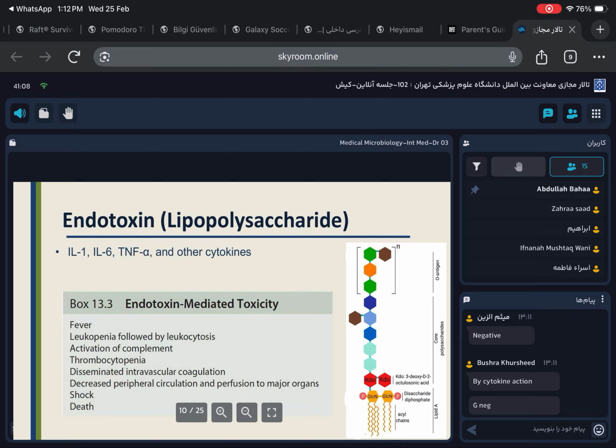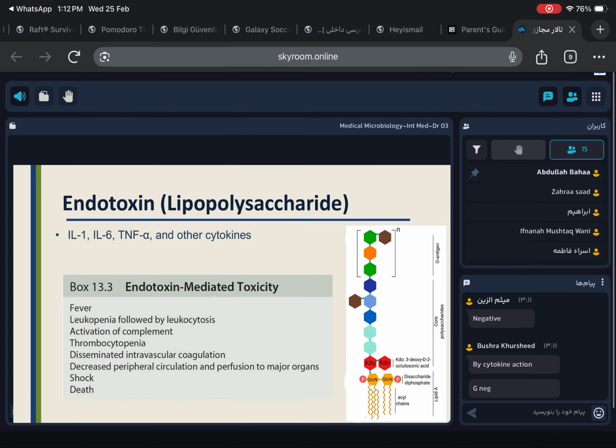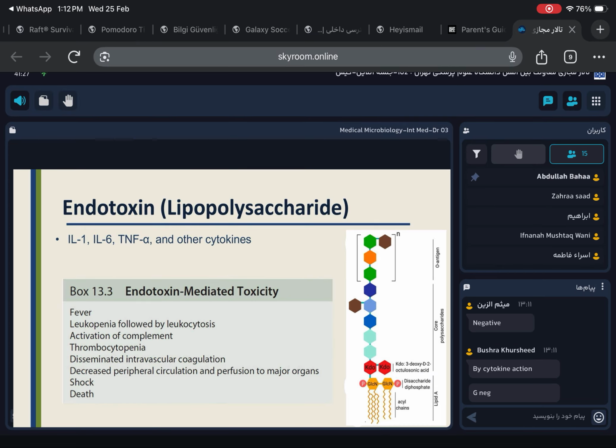Death is one of the outcomes of a high concentration of endotoxin in the body. Here again you can see the structure of endotoxin. As I told you, there are three parts of endotoxin: lipid A, core polysaccharide, and O antigen. The toxicity of the endotoxin is because of the lipid A part.